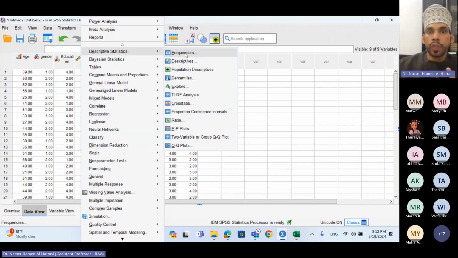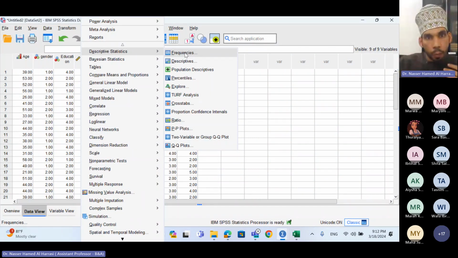We would like to measure the impact. There is a difference here: relationship, and the second one, impact. And then the variance between male and female in relation to employee satisfaction, and the difference between male and female in relation to employee performance.